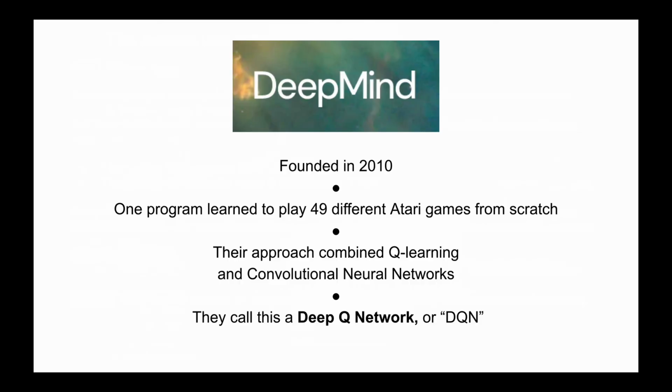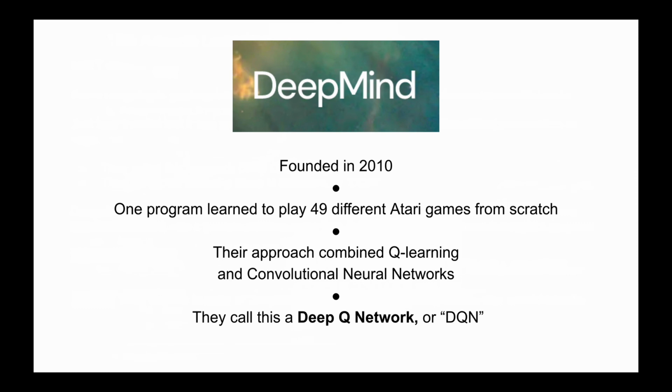Now, we are not going to get into the weeds about how Q-learning works in a convolutional neural network. Just bear in mind that it was combining these two techniques, Q-learning and ConvNets, that gave DeepMind researchers an edge. They called the approach Deep Q Learning, and they called the system a Deep Q Network, or DQN.